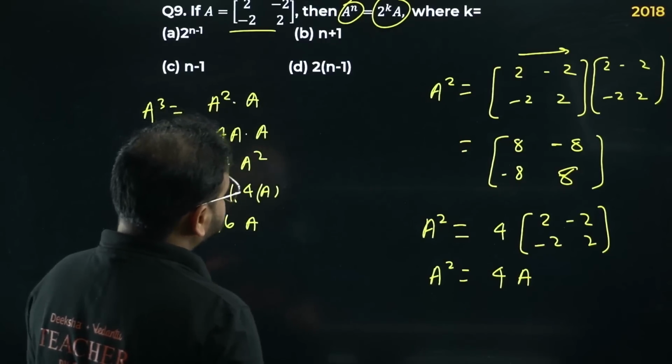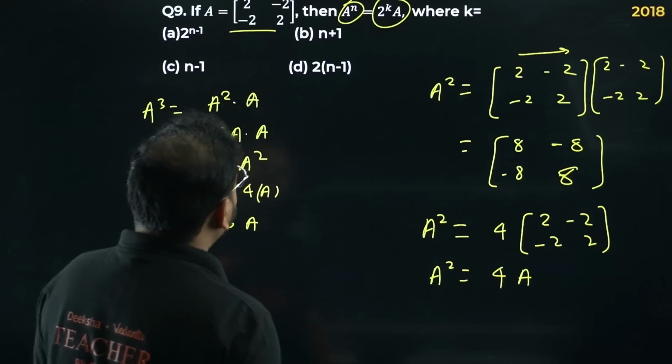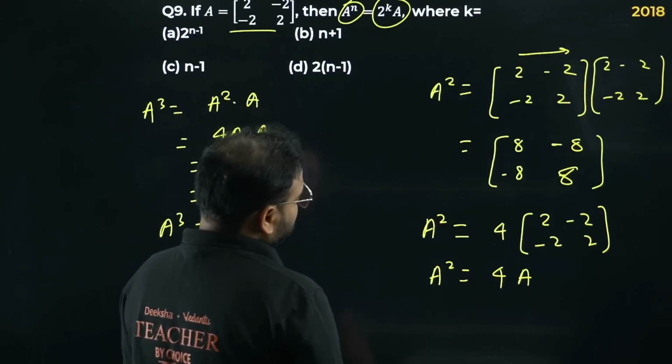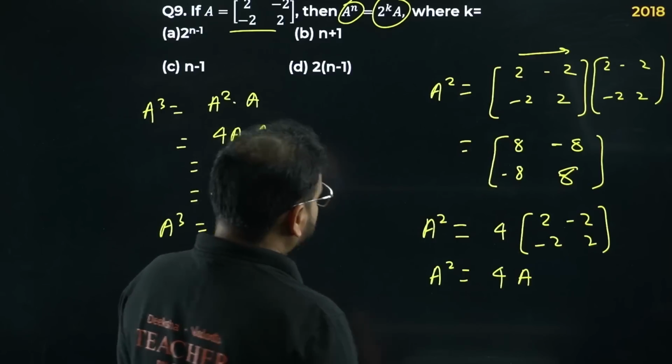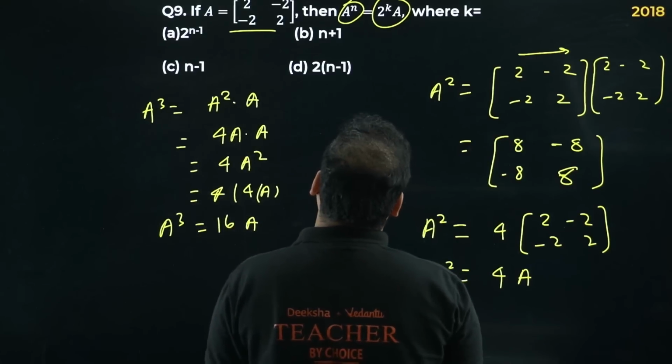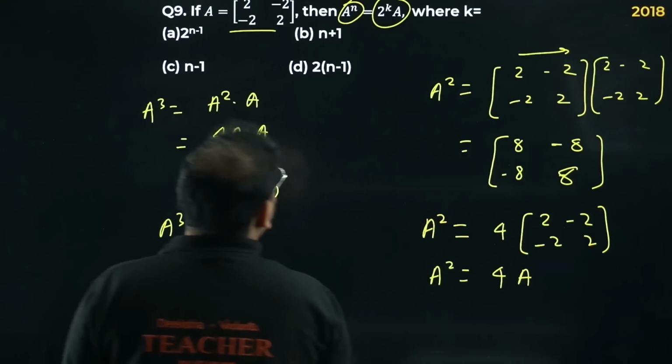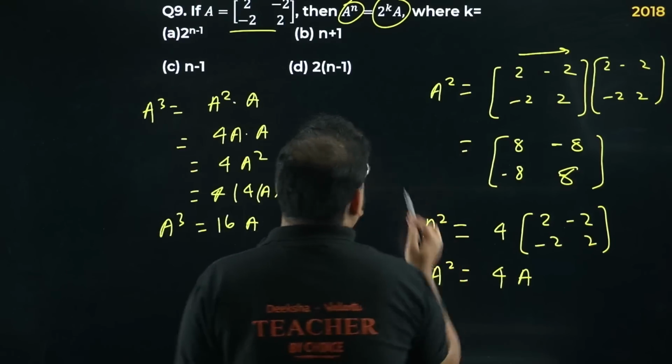So if I put here n as 2, I'll get 2 power k. So can I write this as 2 power 2? Yes, this will suit. Please check.